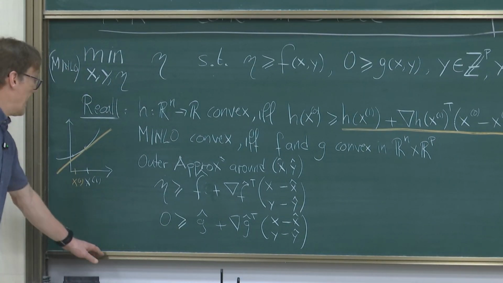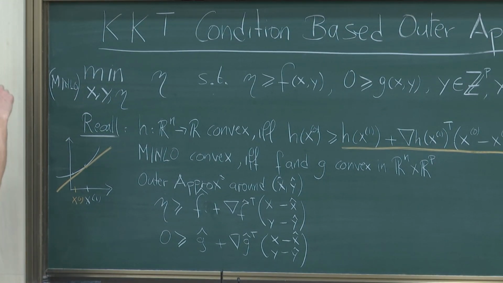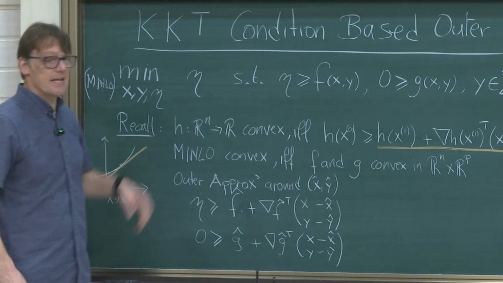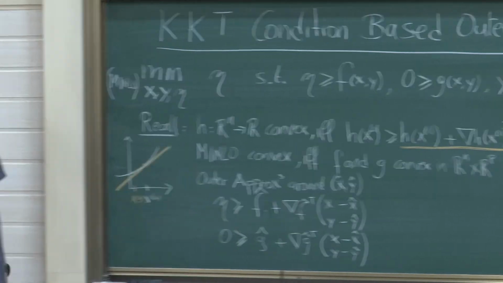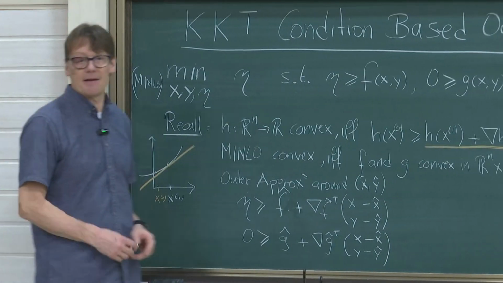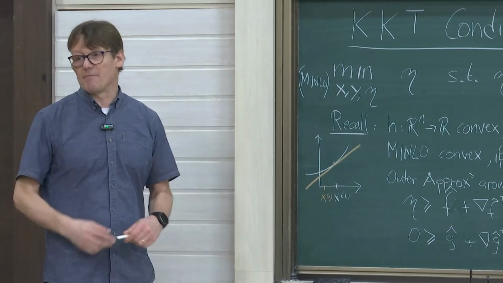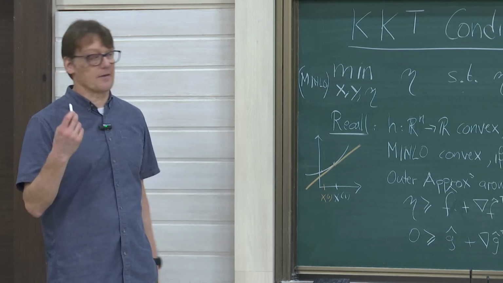So this is just applying a first order Taylor expansion to these nonlinear functions. I'm not expanding a linear function. If you did expand a linear function, you get back the same function, so I would just have to waste a lot of chalk.